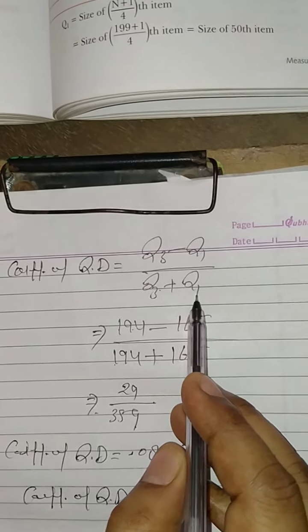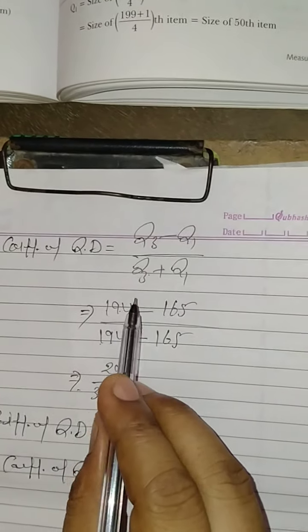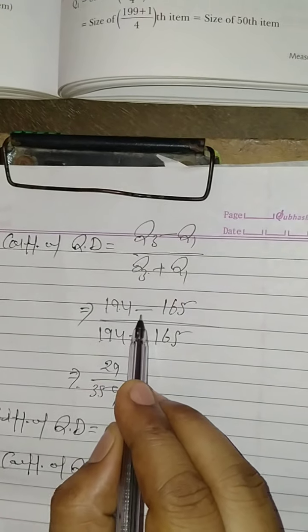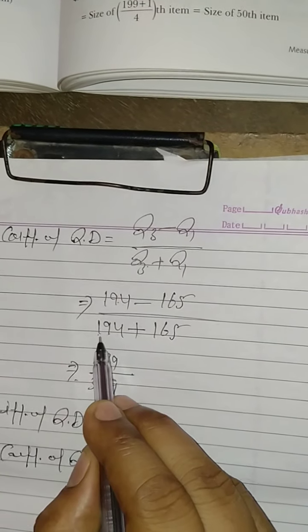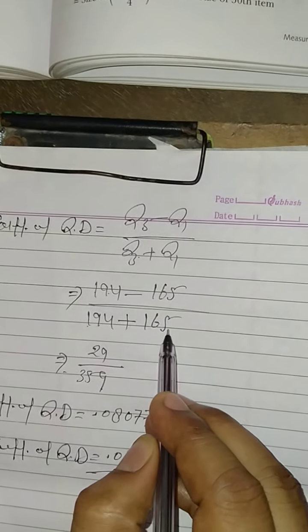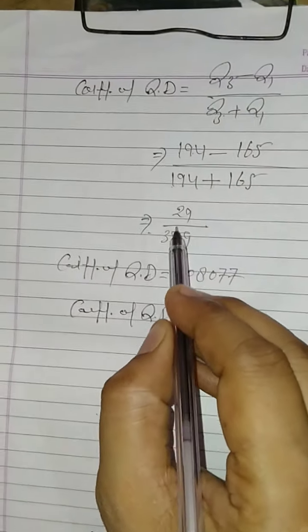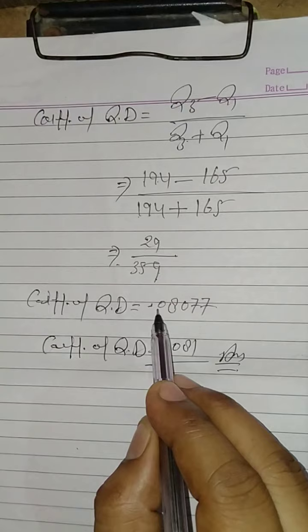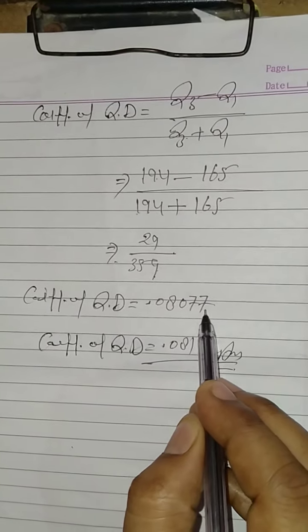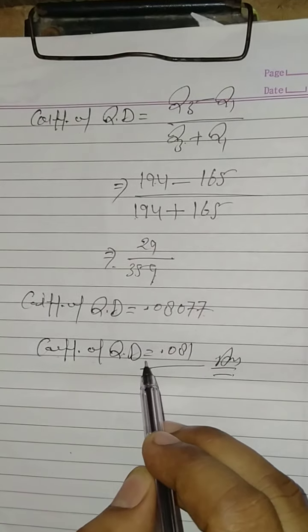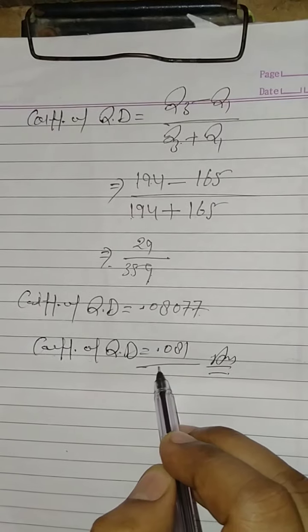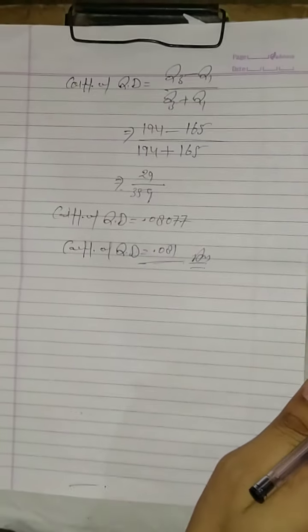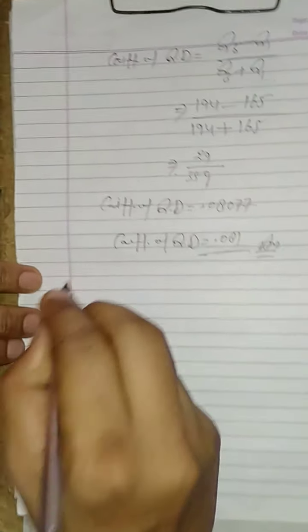So dear students, 194 minus 165 divided by 194 plus 165, that's 29 divided by 359. So the coefficient of QD is equal to 0.08077, which is 0.081. Clear, beta? That's one question. Now another style of question.